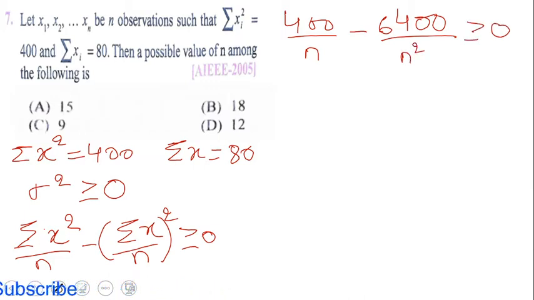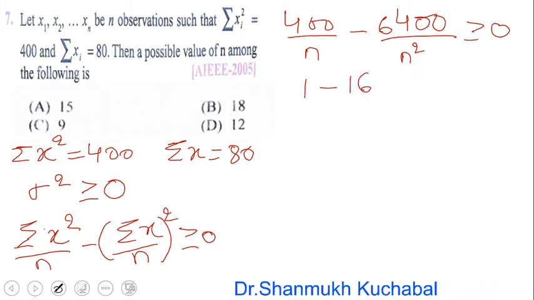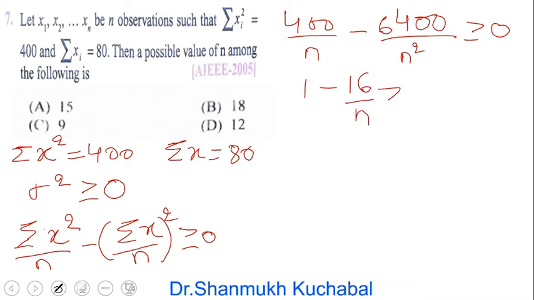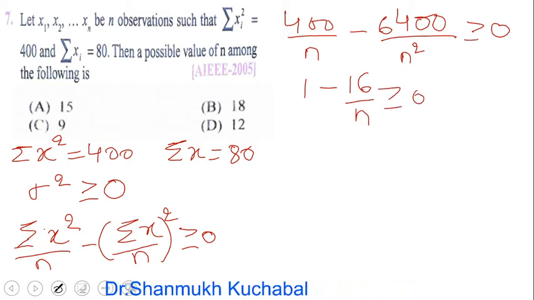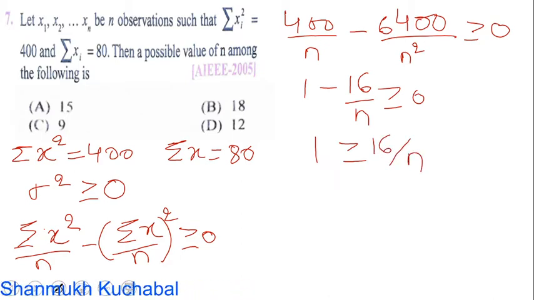Now see, we will observe that 40 divided by n is common, so taking it common and simplifying, we get 1 minus 16 divided by n is greater than or equal to 0, or else 1 is greater than or equal to 16 divided by n.